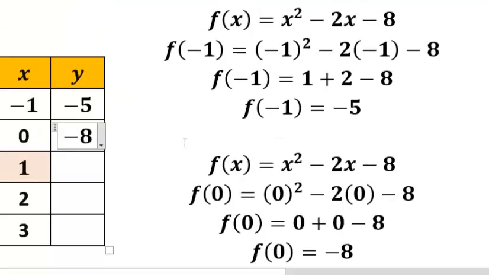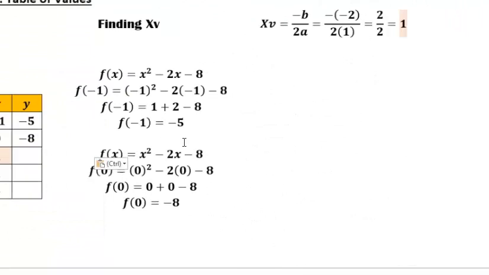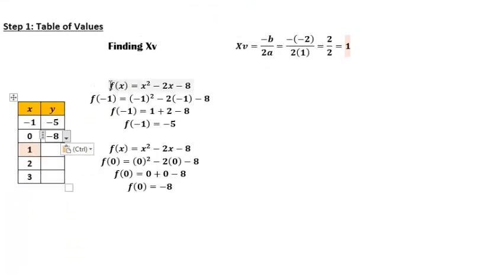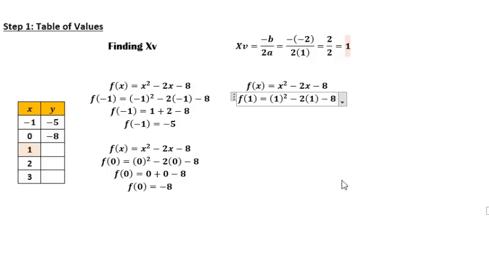Now I'm going to work with 1. Okay. So I'm going to work on the other side. There's plenty of space in here to work with. So I'm going to copy the formula, and I'm going to put, instead of x, positive 1. Minus 2, 1, minus 8.